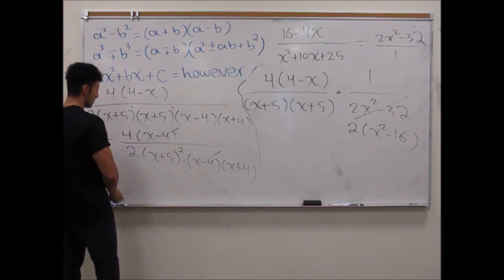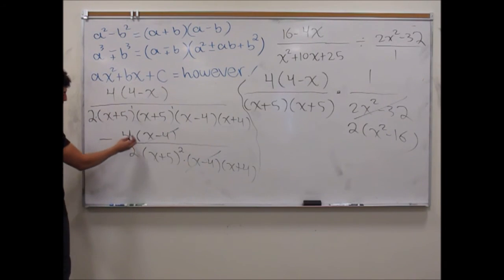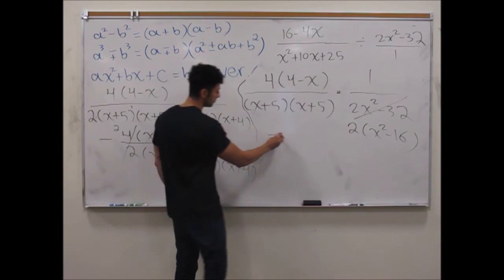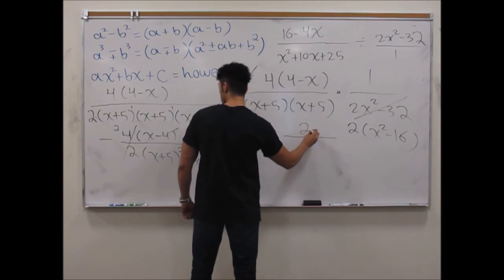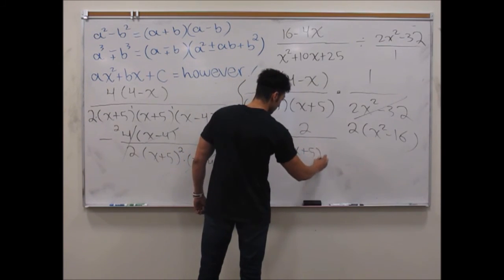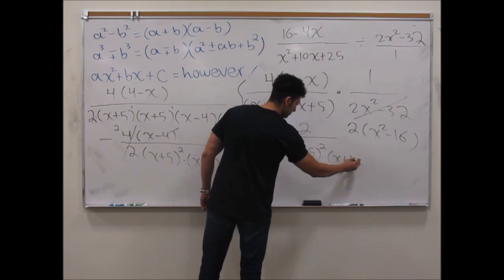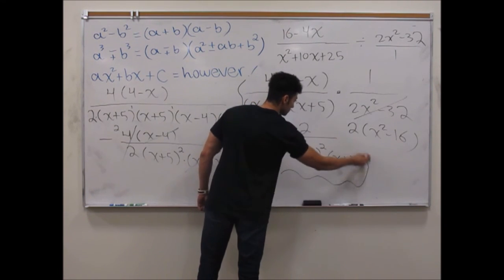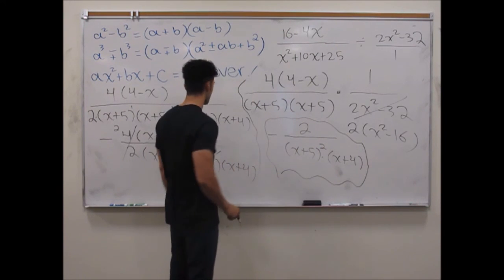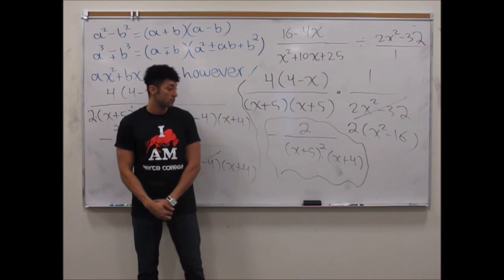So our final answer, and you could reduce this to be 2, is negative 2 over x plus 5 squared times that x plus 4. So that's the answer.